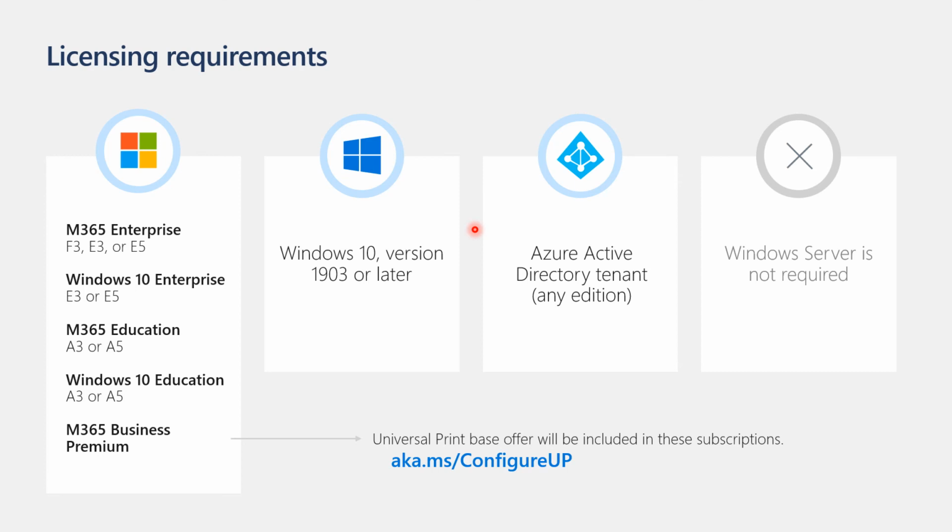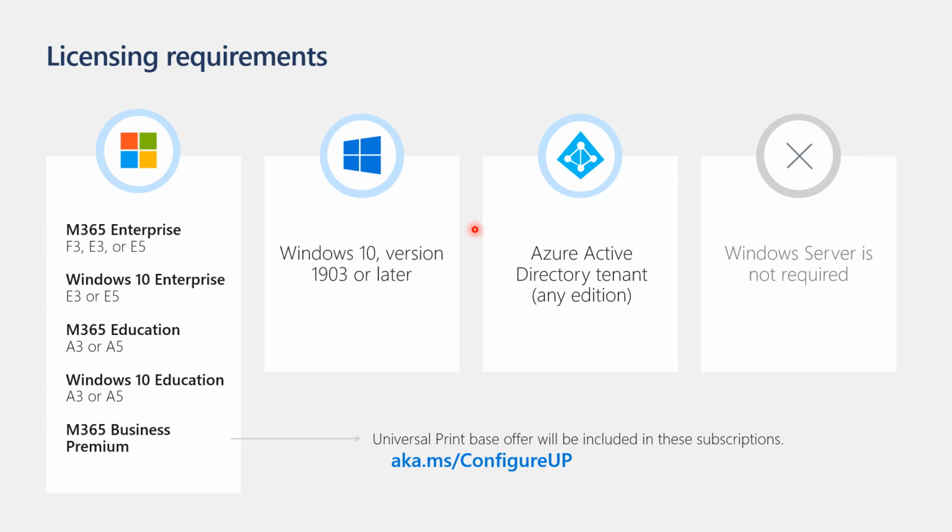I hear you saying, what kind of license do I need for Universal Print? On the left side you see all the required licenses. You either need M365 Enterprise E3, E5 or F3, or Windows Enterprise is possible to use too. So all kinds of flexible mechanisms to use Universal Print, and most likely you already have one of those licenses in your portfolio, so you don't have to make any additional investments.